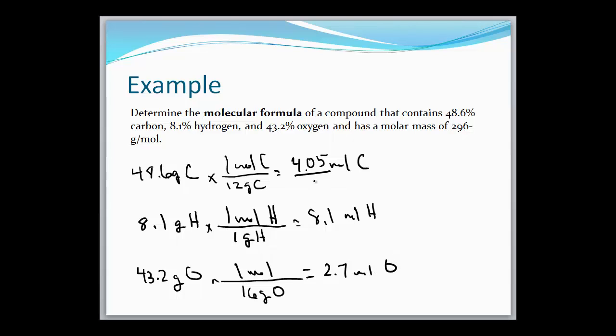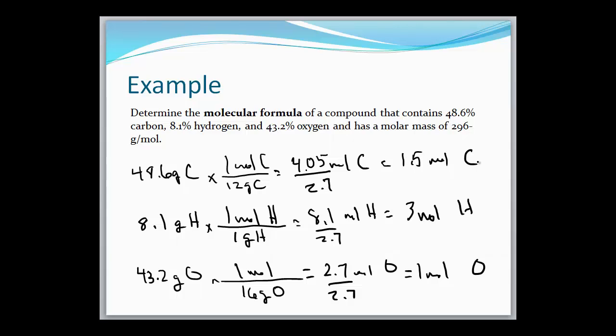Divide them all by the smallest, 2.7. We get 1 mole of oxygen, 3 moles of hydrogen, and 1.5 moles of carbon.